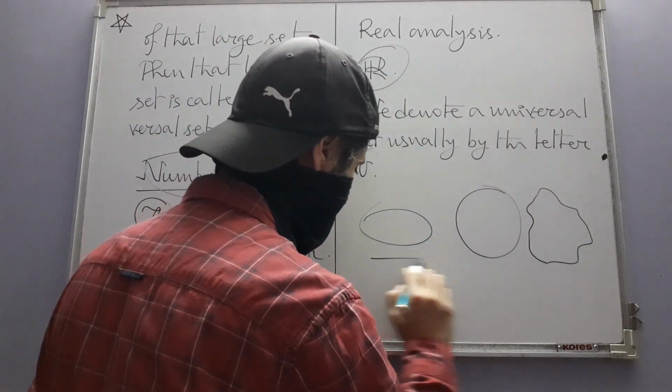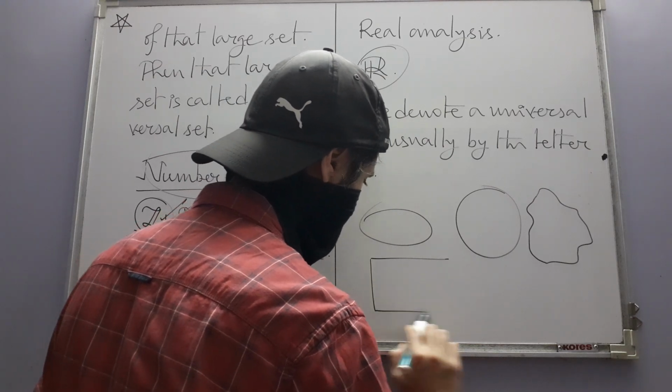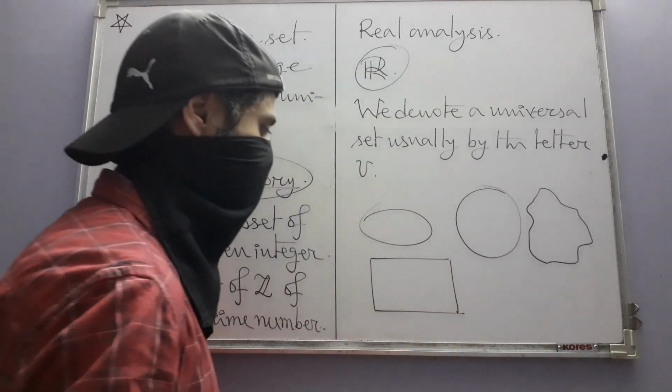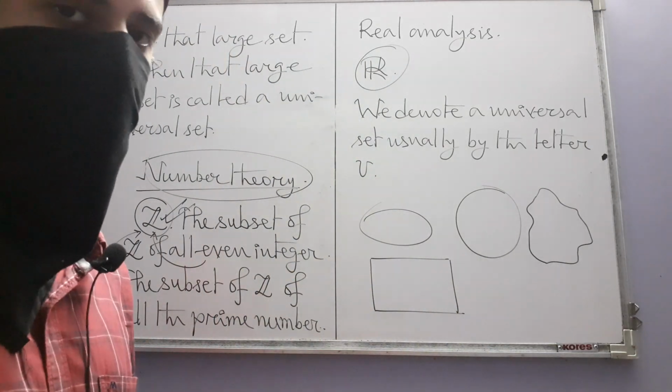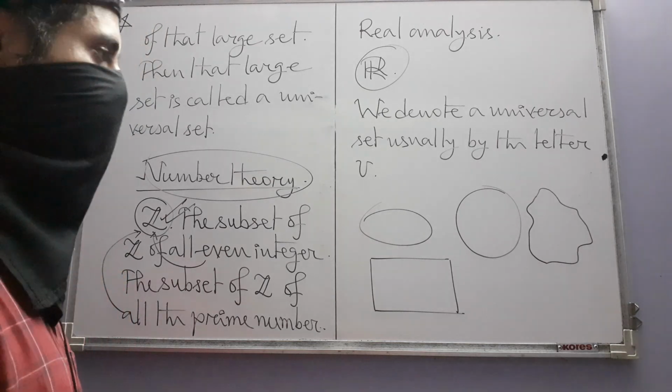However, a universal set usually is drawn like a rectangle or a square. It's customary to do so.